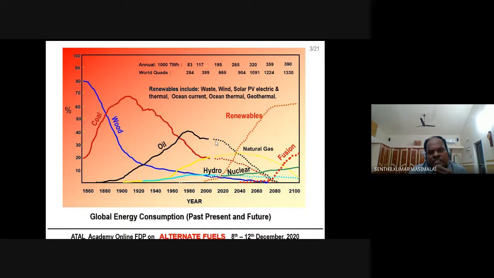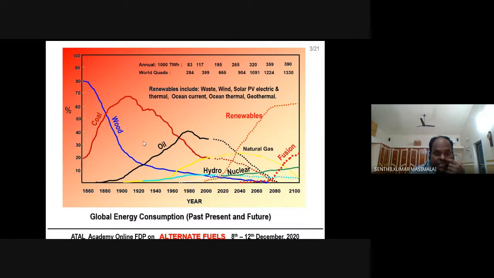If you look at this figure, in the future, it is expected that the fossil fuel resources will be depleted. Definitely, they are going to be depleted. But the energy demand of the world is increasing steadily, rapidly, every year.